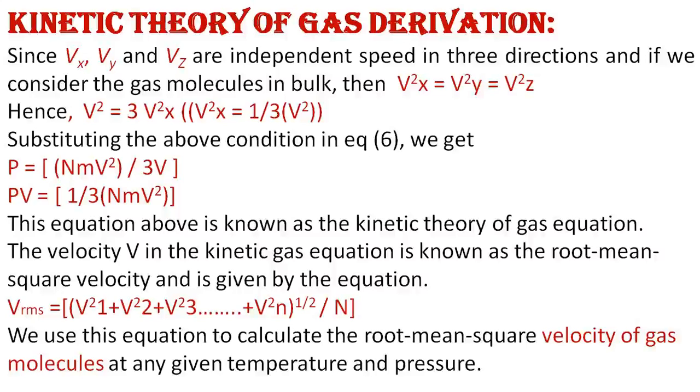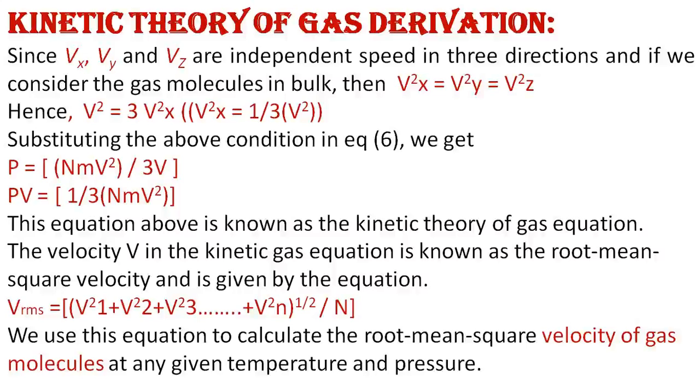So, substituting that value in equation 6, you will get P equals N mv square over 3V, or PV is equal to 1 by 3 N mv square. So this equation is known as the kinetic gas equation.